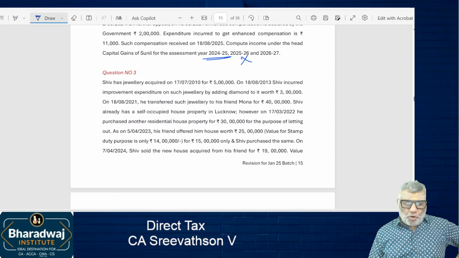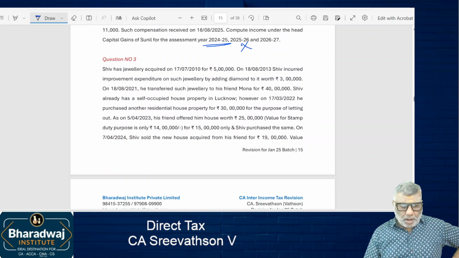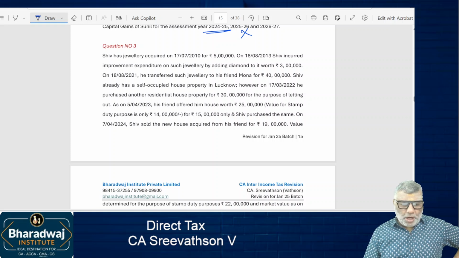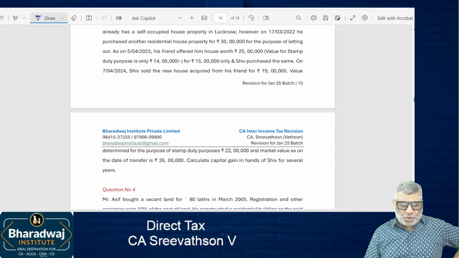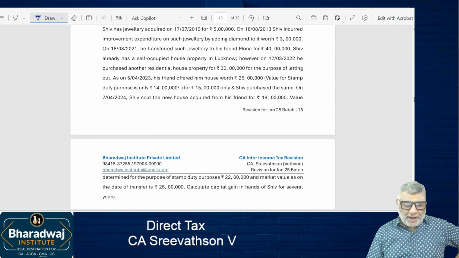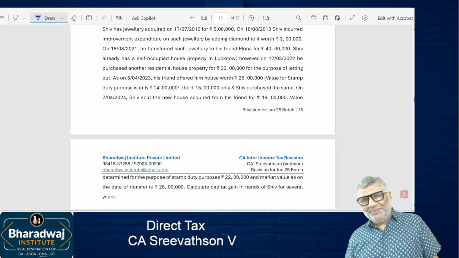As on 5/4/23, his friend offered him a house worth 25 lakhs, stamp duty value being 14 lakhs, for 15 lakhs only, and Shiv purchased the same. On 7/4/24, Shiv sold the newly acquired house from his friend for 19 lakhs. Value determined for the stamp authorities is 22 lakhs and market value as on the date of transfer is 26 lakhs. Calculate capital gains in the hands of Shiv for several years.